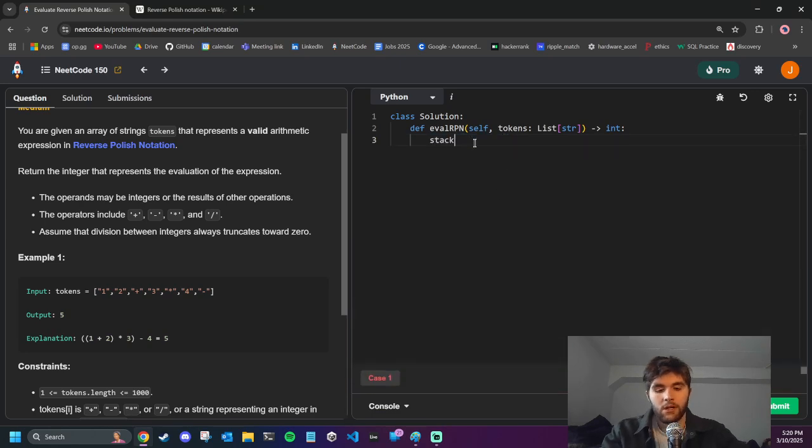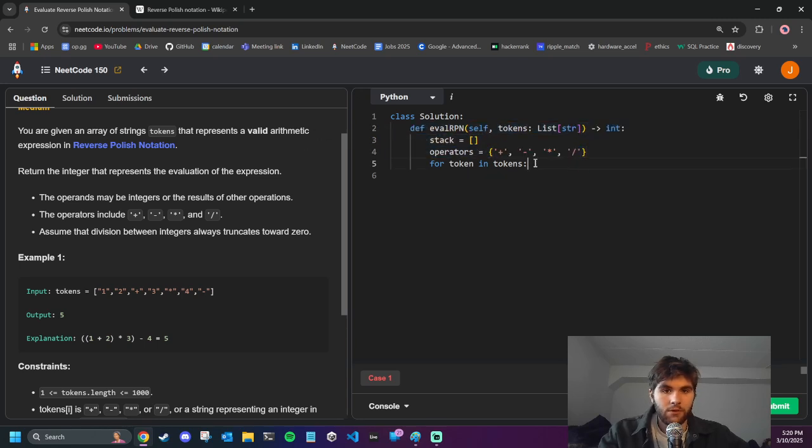All right, so let's try implementing this. So we're going to have 1 stack only. And then we're going to say for token in tokens. And we also want operators, and that will be plus, minus, star, and slash, like this.